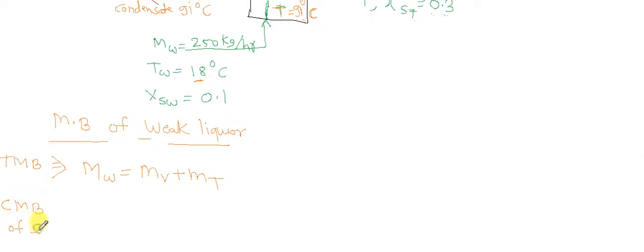The solute in weak liquor will be mw into xSW, and that is equal to mt into xST, where mw means mass flow rate of weak liquor, mt means mass flow rate of thick liquor, xSW means fraction of solute in weak liquor, and xST means fraction of solute in thick liquor. Okay, so now we'll solve this equation.